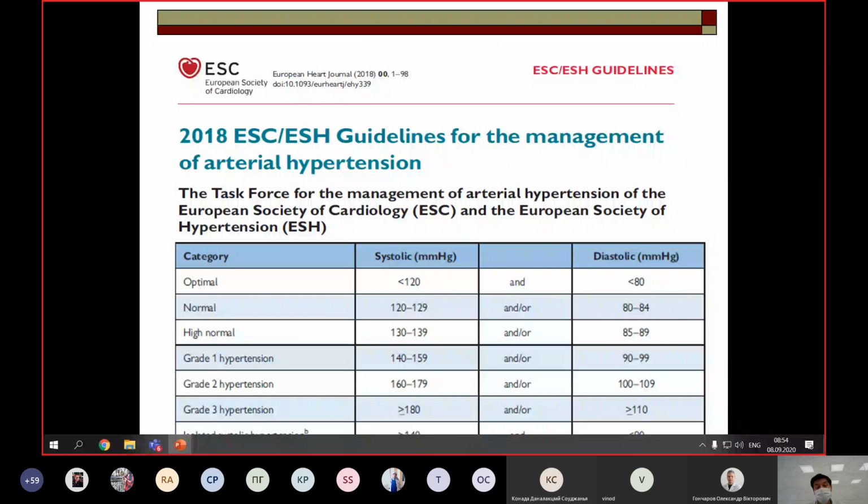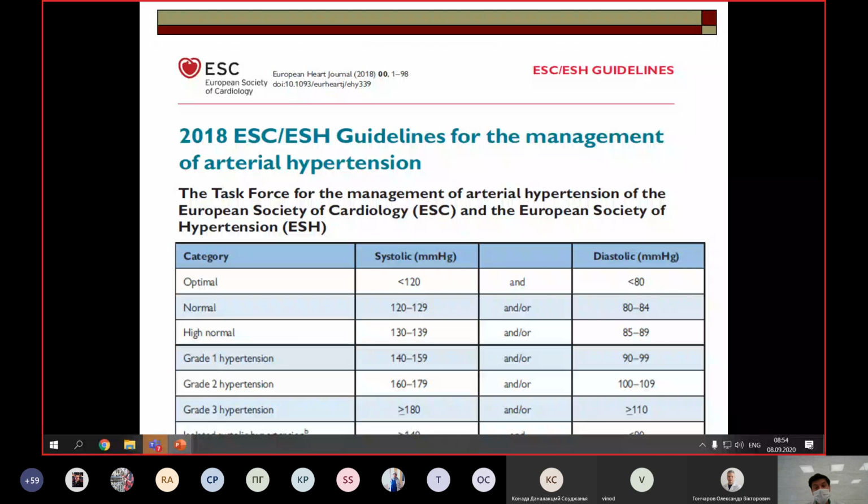Normal BP should be qualified as 120 to 129 and 80 to 84 millimeters of mercury respectively. High normal BP is associated with increased systolic and diastolic BP in the range of 130 to 139 for systolic and 85 to 89 for diastolic.